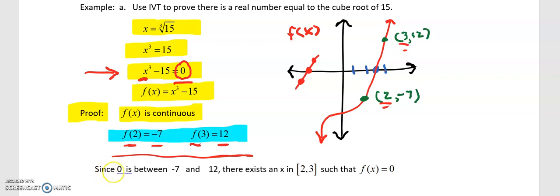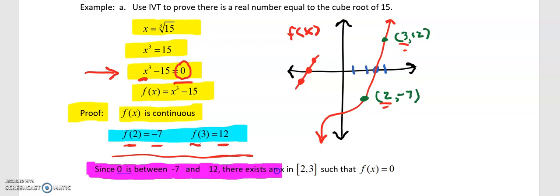This statement says, since 0 is between negative 7 and 12, there exists an x in the interval 2 to 3 such that f of x equals 0. All right, and so that really concludes this problem. I've really shown by IVT that there is a real number equal to the cube root of 15.